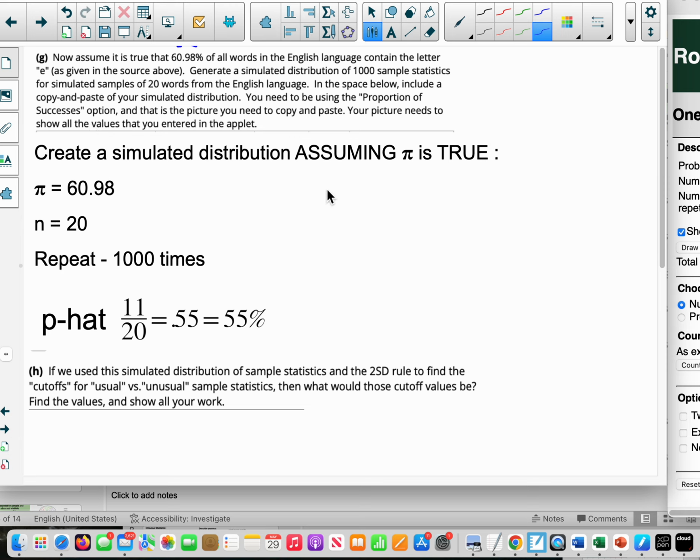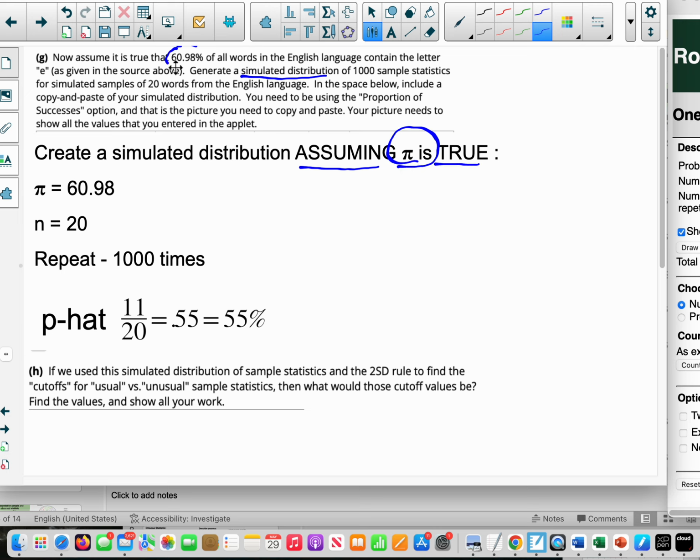So in order to test our sample and draw some conclusions, we will generate a simulated distribution. And when we generate a simulated distribution, we use a set of assumptions. First of all, we assume that the claim or the parameter is true.